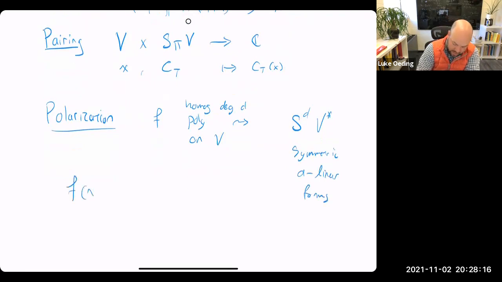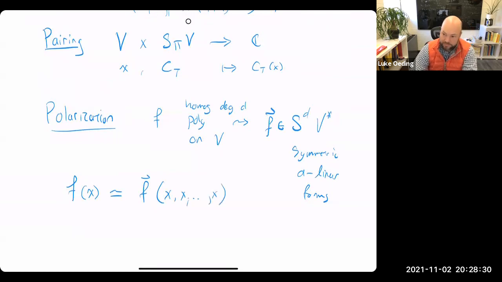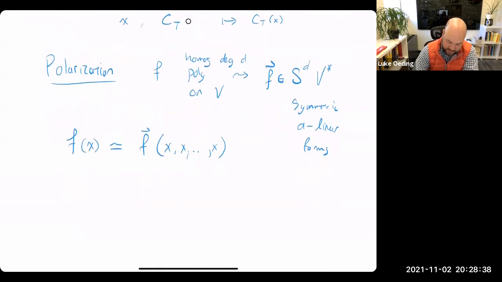So the evaluation f of x, well, this could go to something we'll call f-vector here, is actually equal to f-vector where it eats the same vector d times. So this is polarization of forms. And you could look at the other polars, but the only one we're going to be concerned with is this.